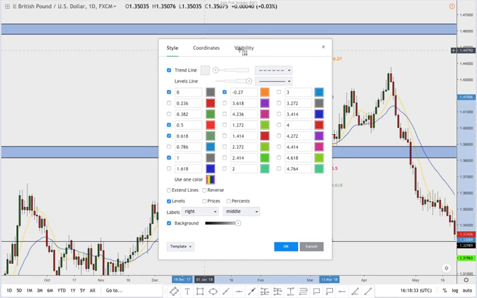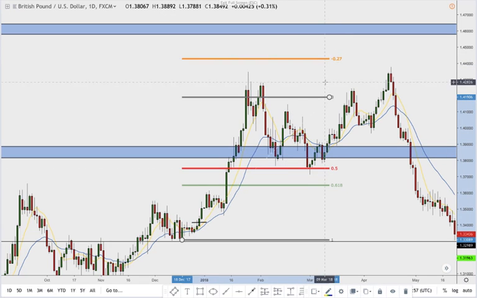I don't have the time to start going over all of it. So basically, just untick these levels. You only need this one, and there's going to be another variable here. You just need to change this to minus 0.27, and that's it. And then bam, you have your minus 0.27.